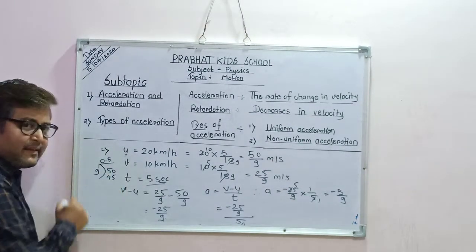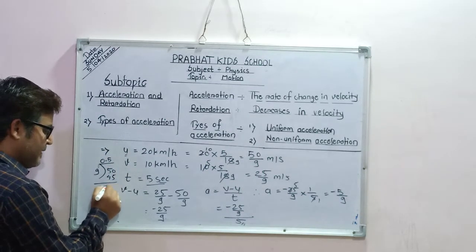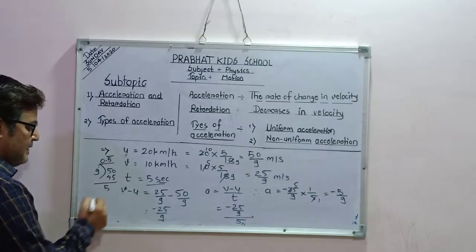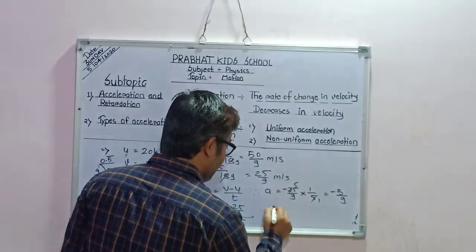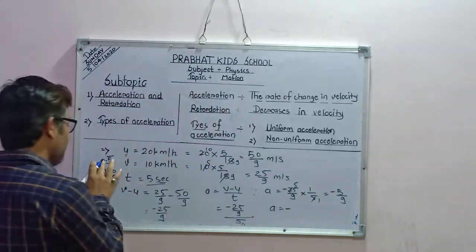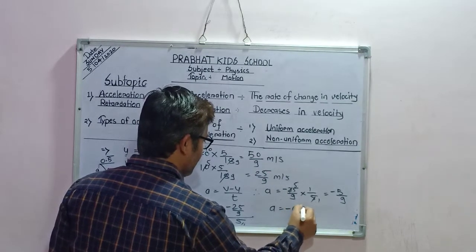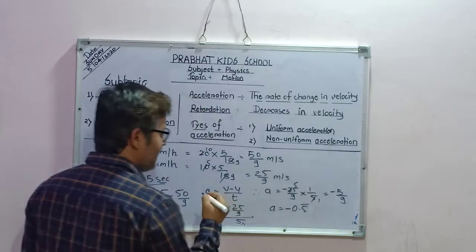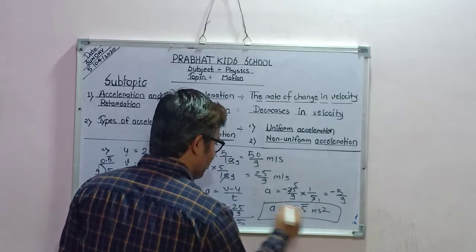Here 45 is less than 50, but after the 0 we must put the point. The answer is again 5. So A is equal to minus, this minus sign as it is, 5 by 9 will be 0.555 recurring, or we can say 5 recurring. And what is the unit? Meter per second square. I think this is my answer.